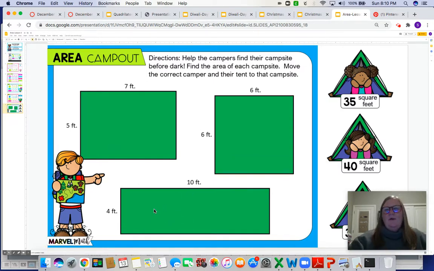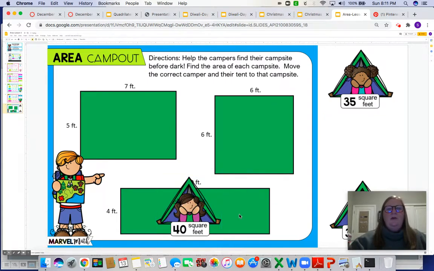If I was figuring out area, remember I would do length times width. Length is the long side, so 10 times 4. And again, we would count by tens 4 times, 10, 20, 30, 40. So this camper would belong in this campsite. So you would put her on her campsite because she has 40 square feet.